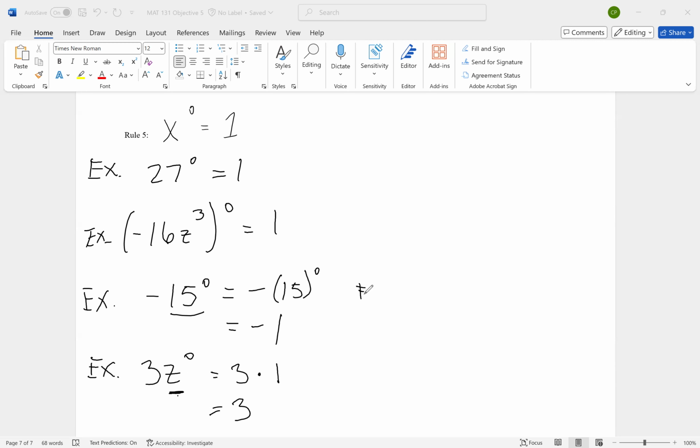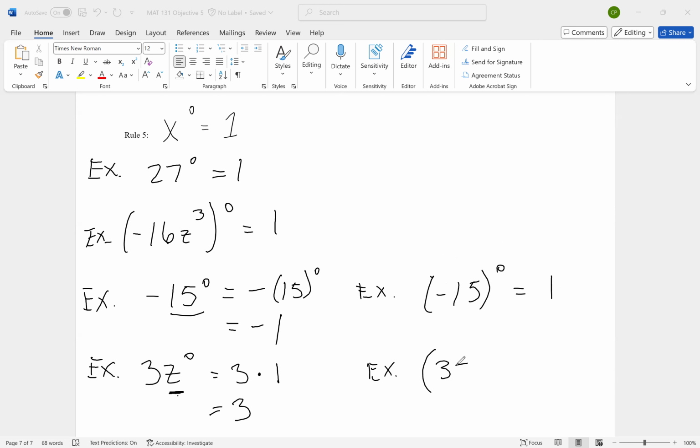Now with these two problems, if in parentheses it clearly stated that the -15, all of that was to the 0 power, then of course it would be 1.